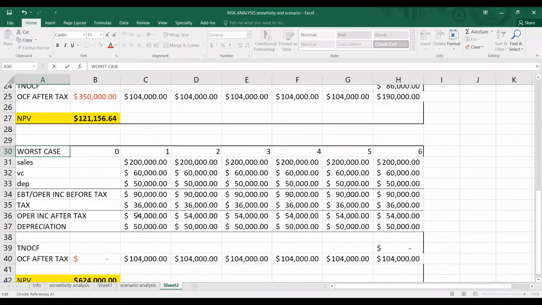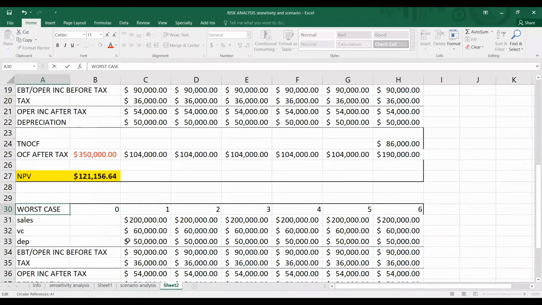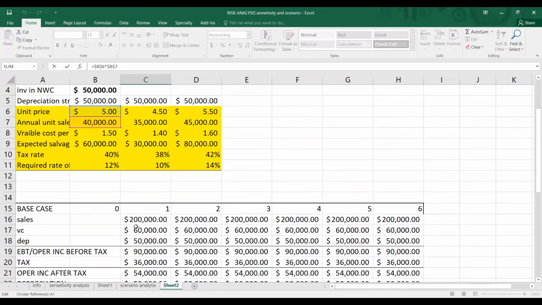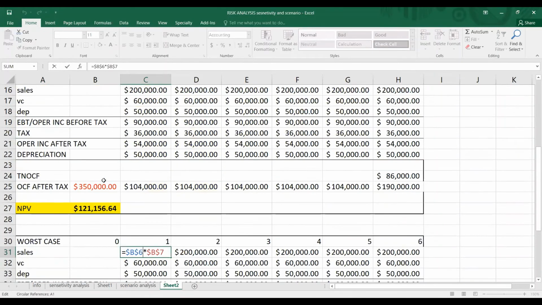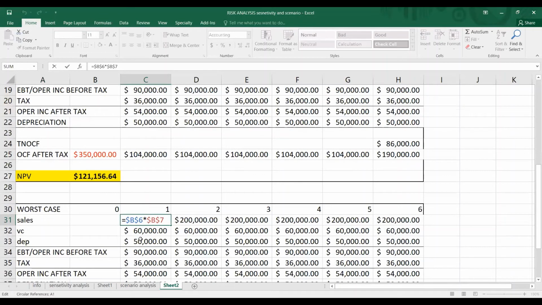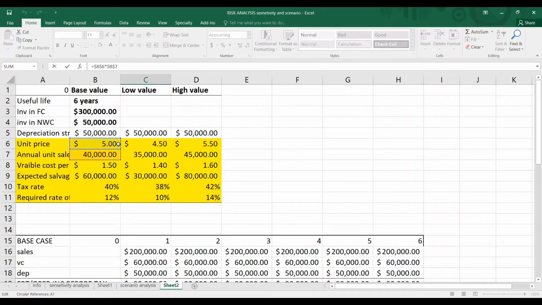Okay, the numbers are changing here. So what I do here, first of all, I need to multiply with a lower price and with a lower quantity. Lower price and lower quantity.